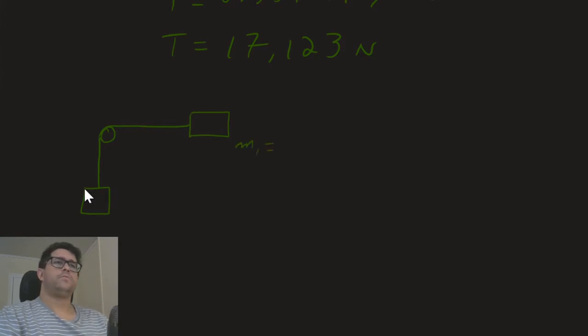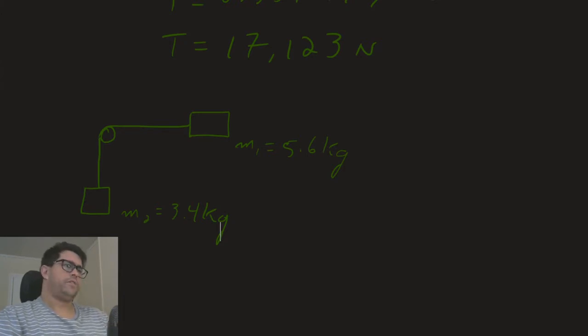M1 equals 5.6 kilos. M2 3.4 kilogram. I just noticed that I'm still in the note-taking view. My bad.